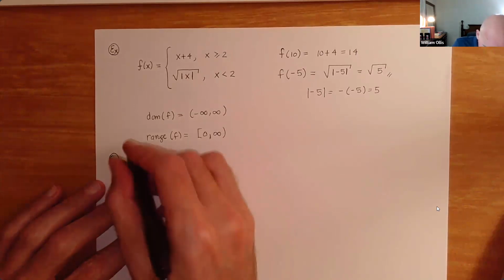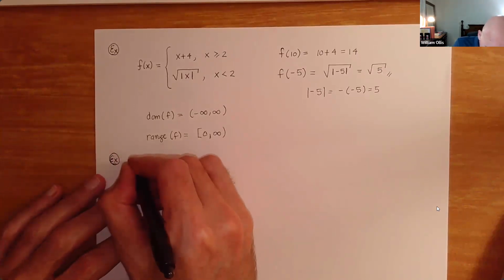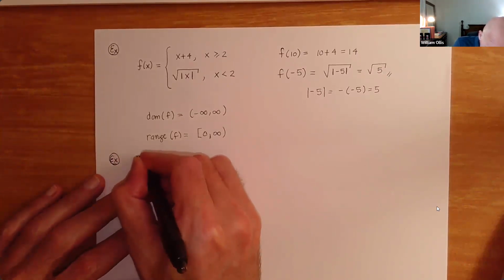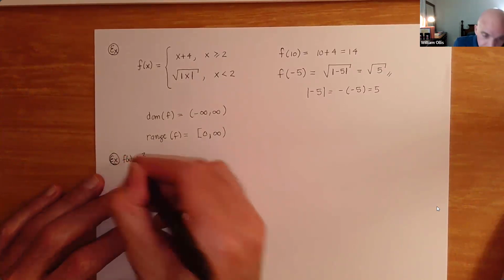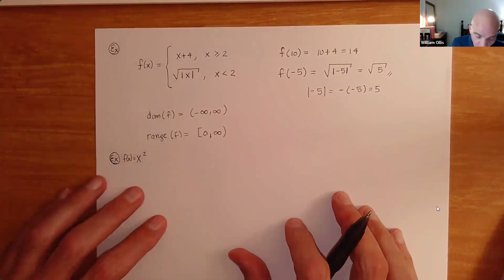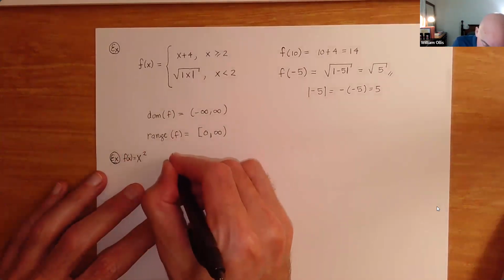So here's the first one. We're going to start with x squared. So x squared will be our parent function here. So this is our f of x equal x squared. That's our parent function, and what we want to do is apply the following.